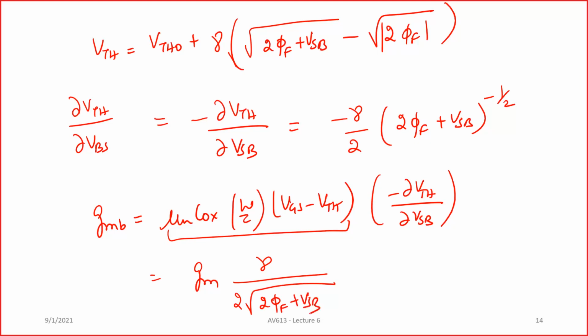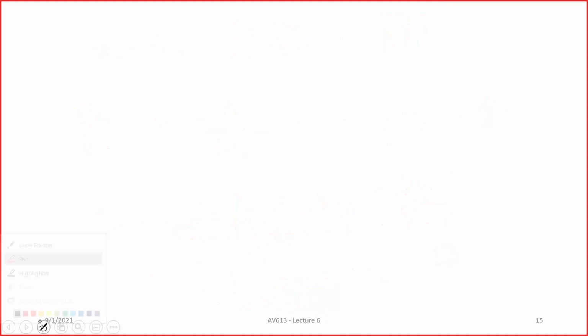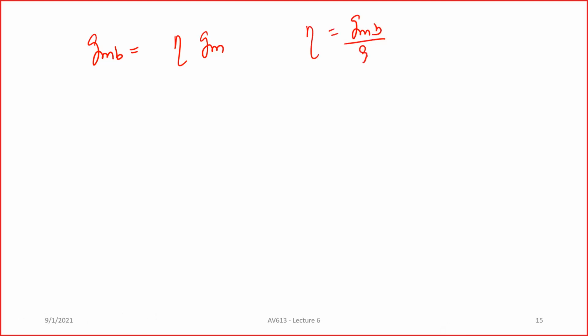Now, this entire term is captured as a parameter eta. So GMB can be written as eta times GM. This eta is nothing but GMB by GM, and it is around 0.25.